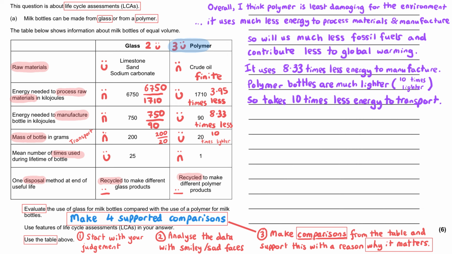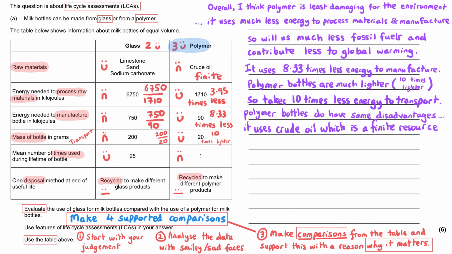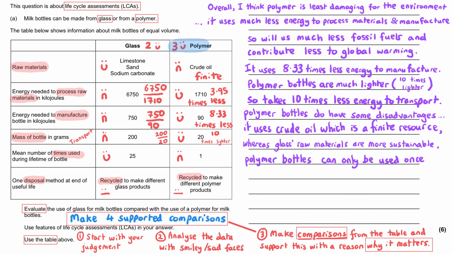And then we should maybe finish by saying, I still think polymer is better, even though there are a few negatives, and let's list those. And the first negative is that the polymer uses crude oil. And we know that crude oil is a finite resource, will eventually run out, whereas glass has much more sustainable raw materials. And the other big negative of the polymer is it can only be used once during the lifetime of the bottle, whereas the glass can be reused.